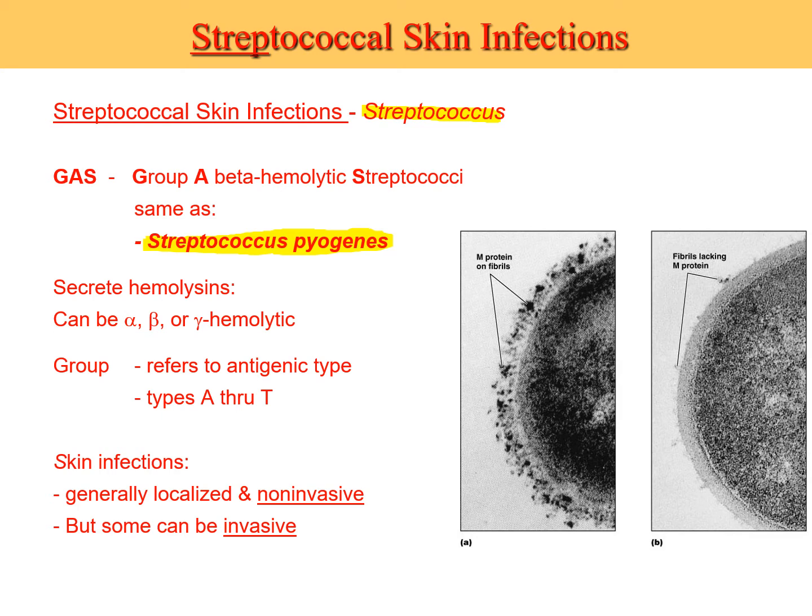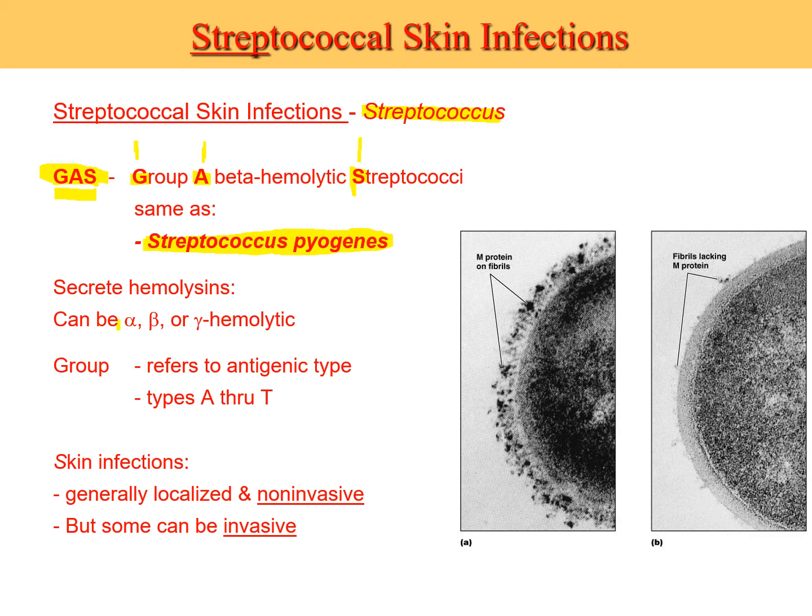One variant of them are the group A beta hemolytic streptococci, GAS organisms. Group A streptococci, that's where GAS comes from, these letters here. So group A beta hemolytic streptococci can cause quite serious infections.